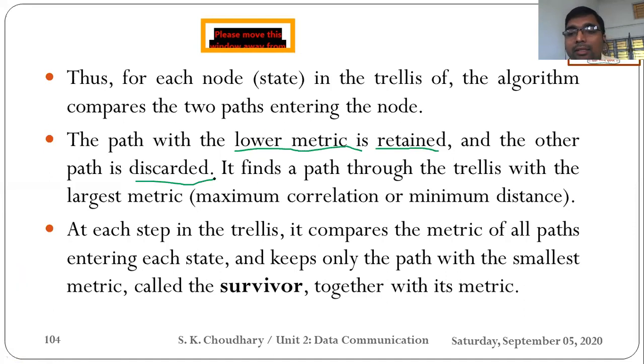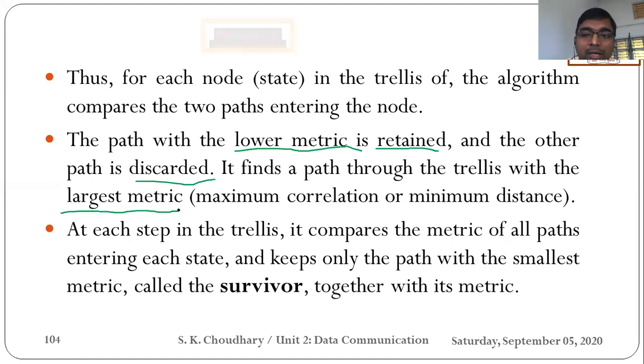So it finds a path through the trellis with the largest metric or minimum distance. The path having the lower metric would follow the largest path.